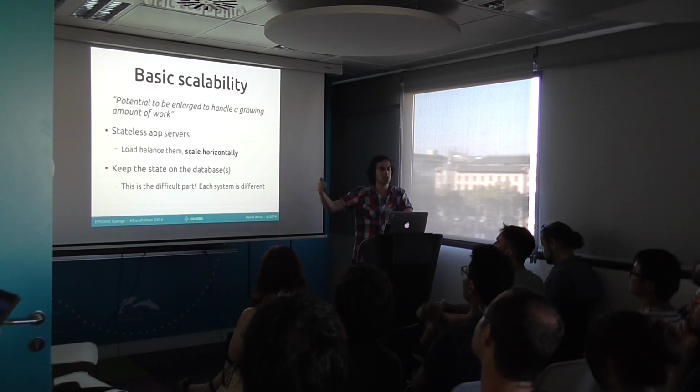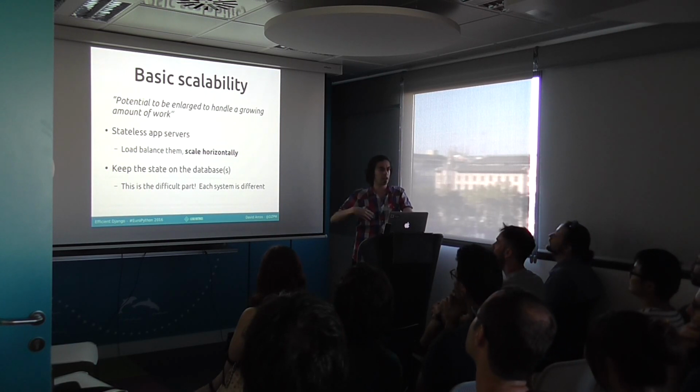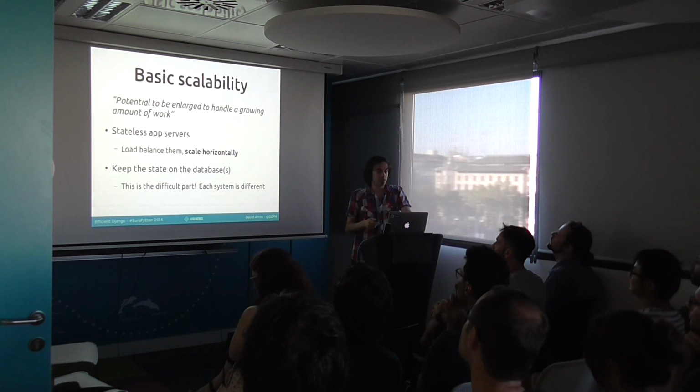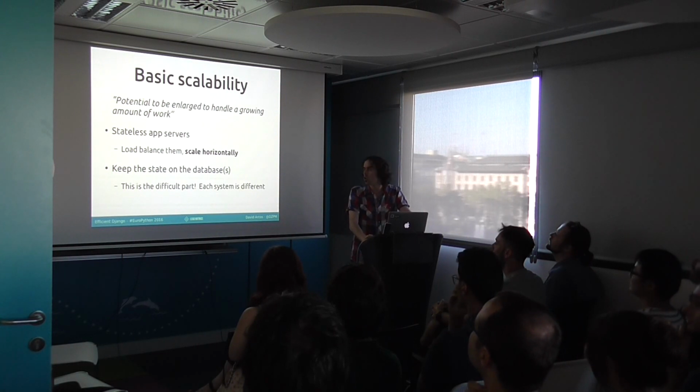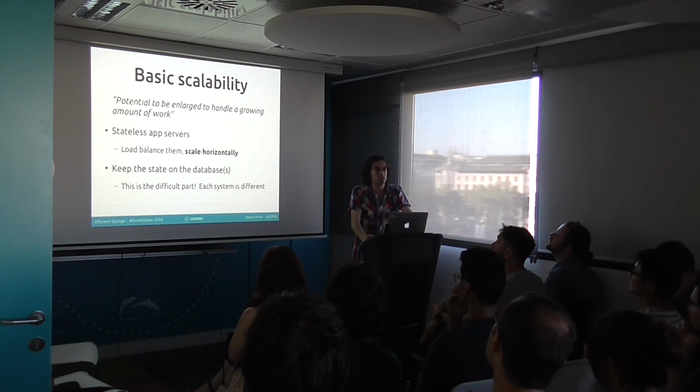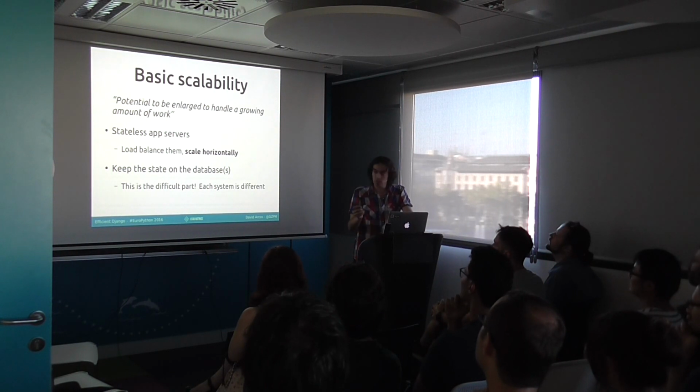You just add more machines and it scales. And the database, well, that's another story. This is the difficult part, okay? Because the database will have the more complexity, and each database, each system, each platform is different. And usually you will have more than one database, SQL, NoSQL, whatever. But if we do this, we keep the complexity contained at one place.